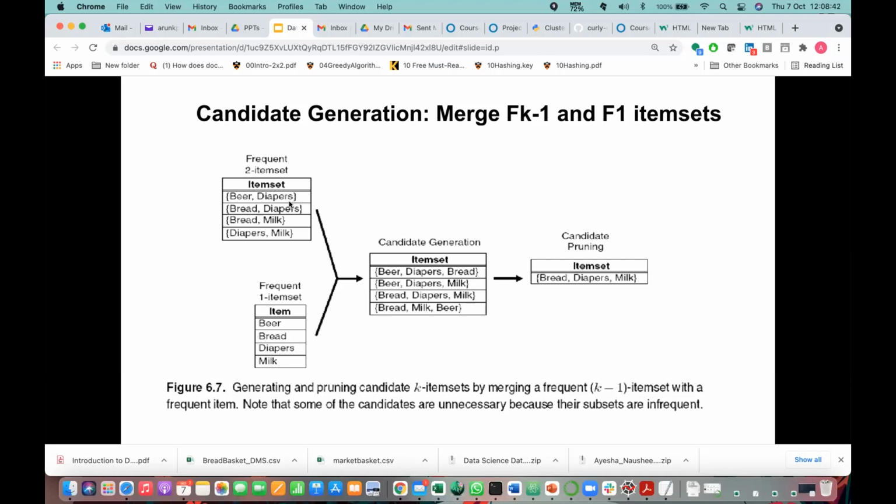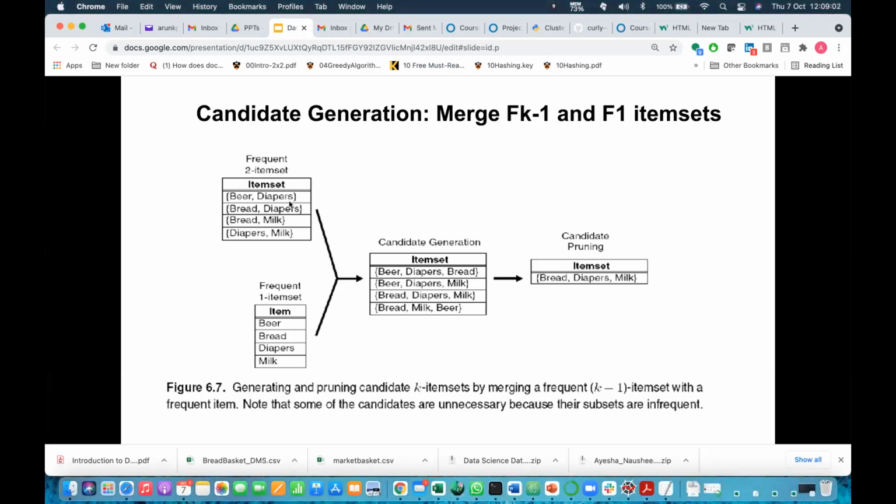For a 3 item set to be frequent, we add the frequent 2 item set with a frequent 1 item set. But there is no guarantee that when they come together they will become frequent. But there is a guarantee that if a 1 item set is infrequent and you add it to the frequent 2 item set, that becomes a superset of the infrequent 1 item set, so it becomes infrequent.